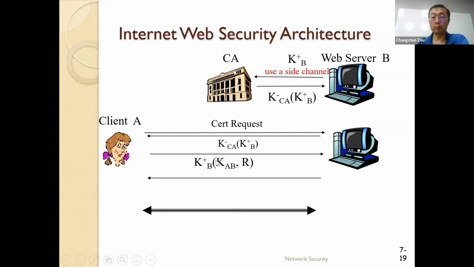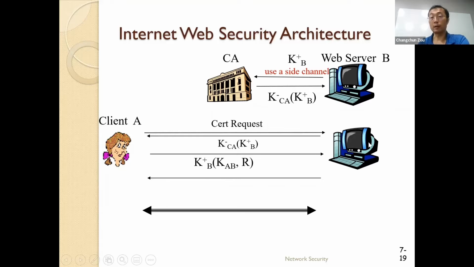And the browser sends this to the web server. This is a secret because only the web server can decrypt it. The attacker cannot decrypt this because the attacker does not have KB minus. So only the web server, which has KB minus, can decrypt it.